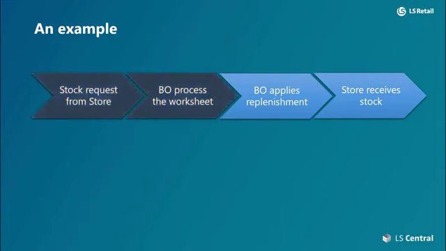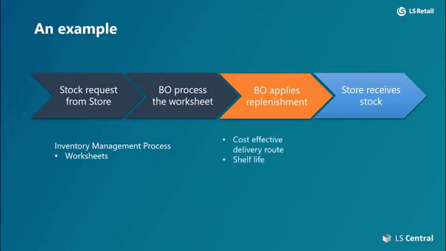As we look at the items highlighted, this will be considered part of inventory management because here we are raising a worksheet based on stock requests from the inventory management module. The next item, highlighted in orange, will be considered part of the replenishment module. The back office will take data from the stock request made earlier and apply various actions.